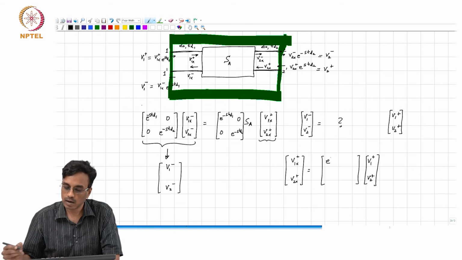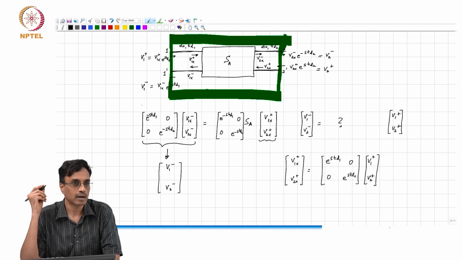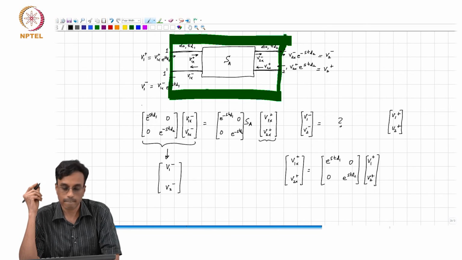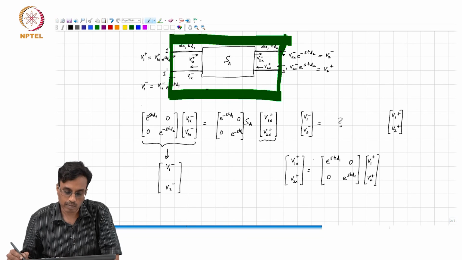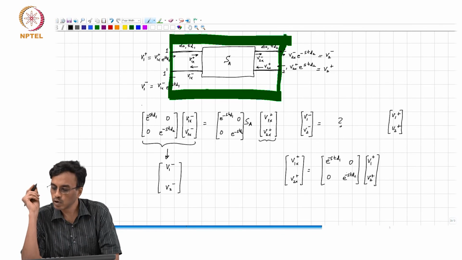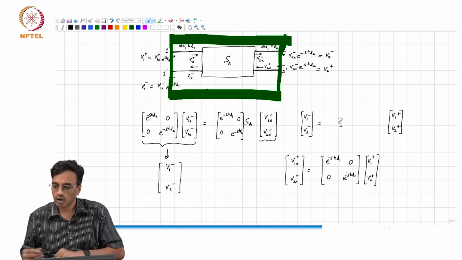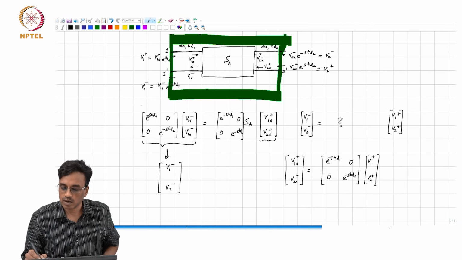E to the s Td1, 0, 0, e to the s Td2, correct? Is that right? V1x plus, oh yeah, sorry. V2x plus, yes. Are we good? Right. So, therefore, what should I do here?